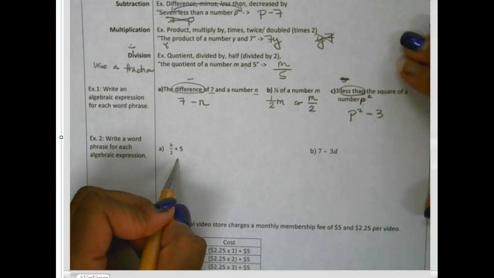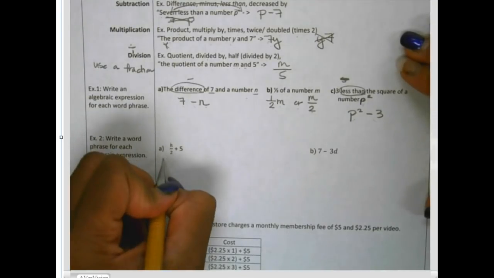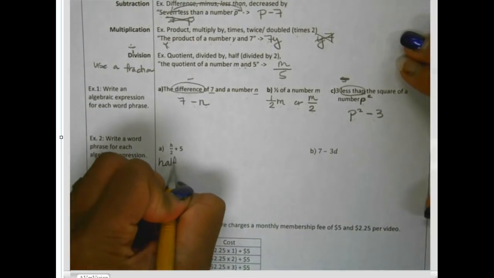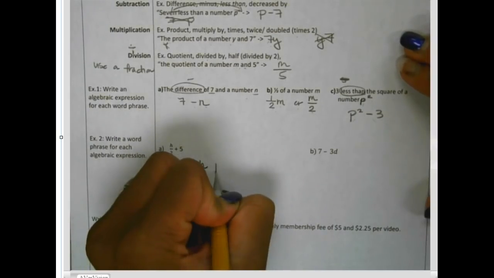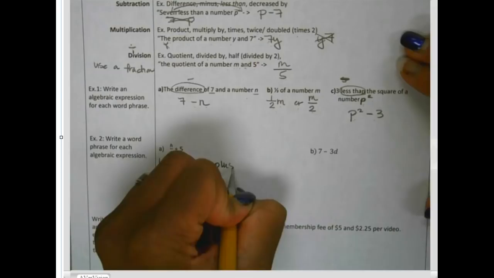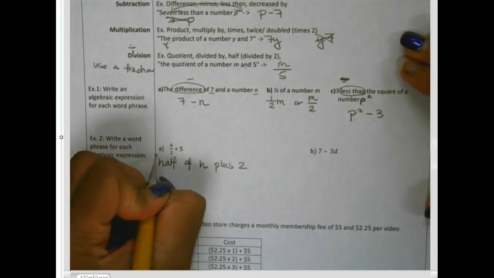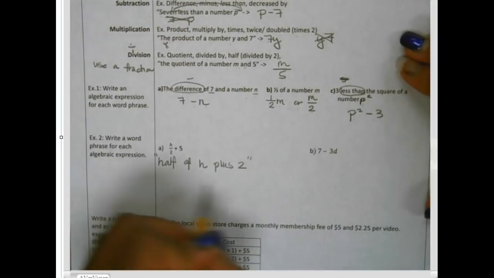I can say a lot of things, but what I'm going to say is half of h plus 2. I would like for you to write an alternative here as well, and I'm going to have you check it with a neighbor when you come back to class.